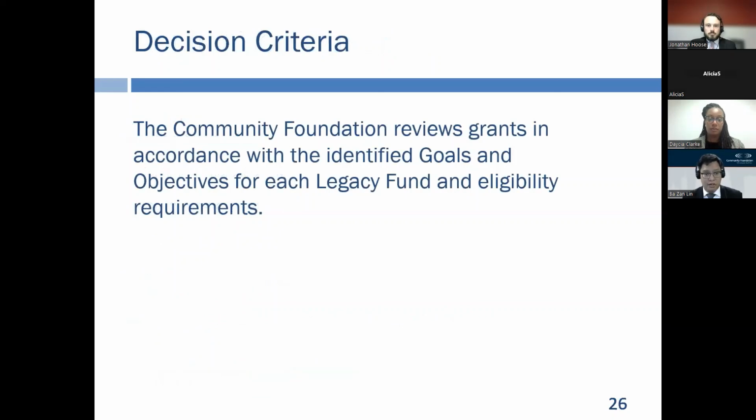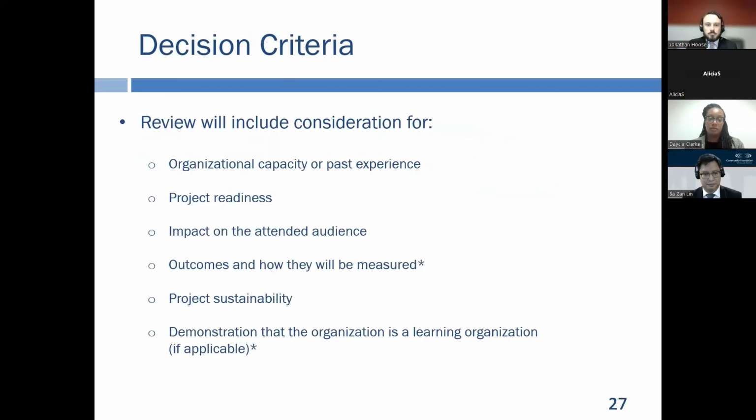The Community Foundation reviews grants in accordance with the identified goals and objectives for each legacy fund and eligibility requirements. Our grant review will include consideration for the organizational capacity or past experience with grants, overall project readiness, impact on the intended audience, outcomes, and how they will be measured.